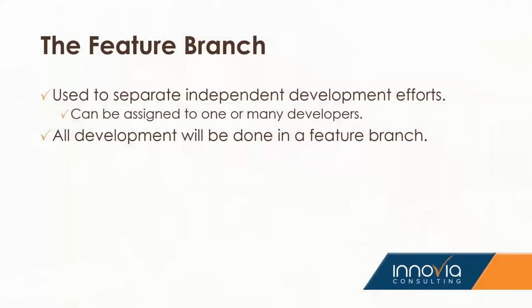Okay, so now you might be wondering, what's a feature branch? How are we going to develop if we can't develop on a production release branch or the master branch? Well, you would develop in a feature branch. And so however you want to define a feature is generally up to you, but I define a feature as a set of functionality that just makes sense to group together.